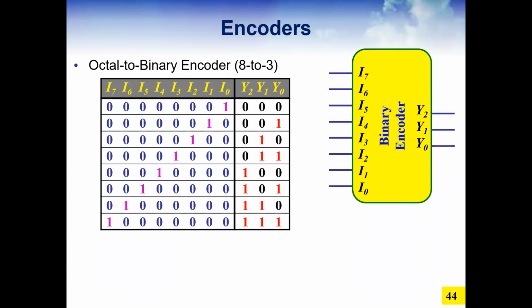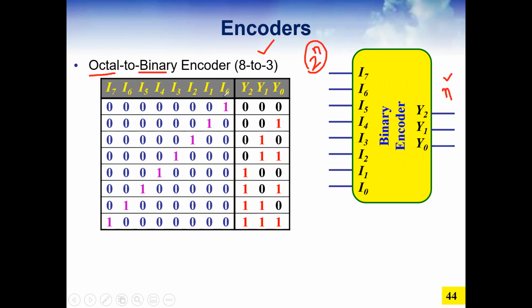Also, girls, as we have seen, for the encoder the inputs are 2 to the power n and the outputs are n. So for example, if n is equal to 3, it is an 8 to 3 line encoder. 8 is what we call octal and 3 is binary. So we have 8 inputs and 3 outputs.